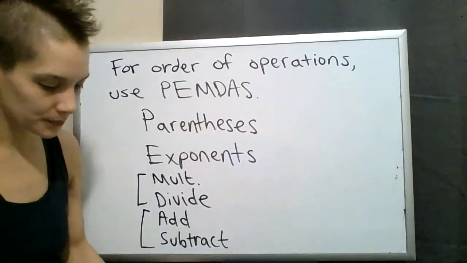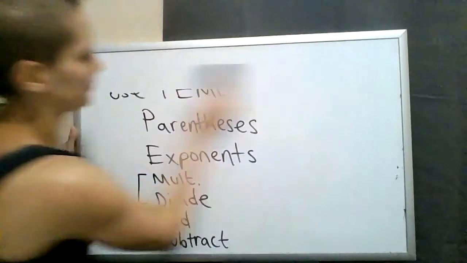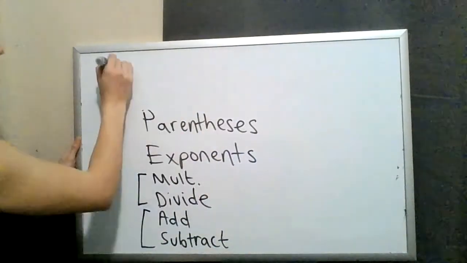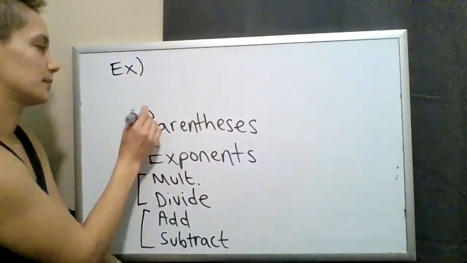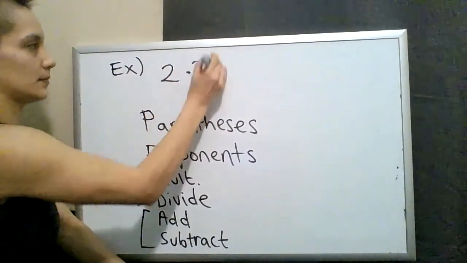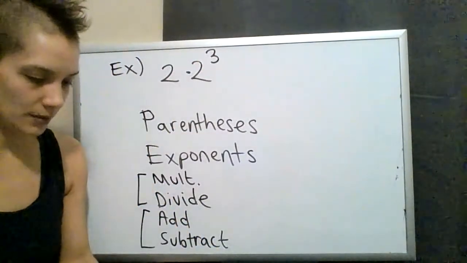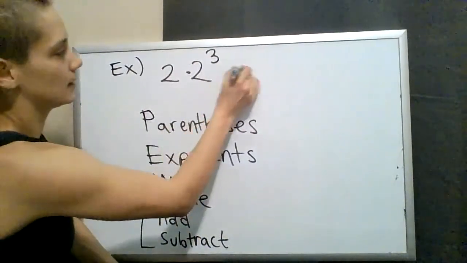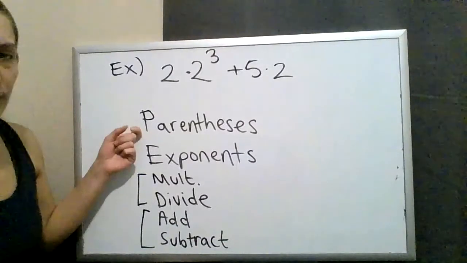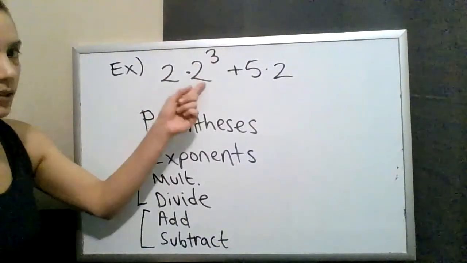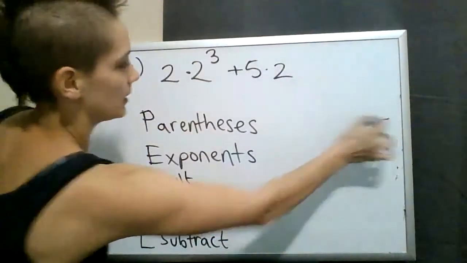Let's start with an example, which has 2 times 2 cubed. Then we add 5 times 2. No parentheses, go for the exponents. 2 cubed, let's put that on the side.